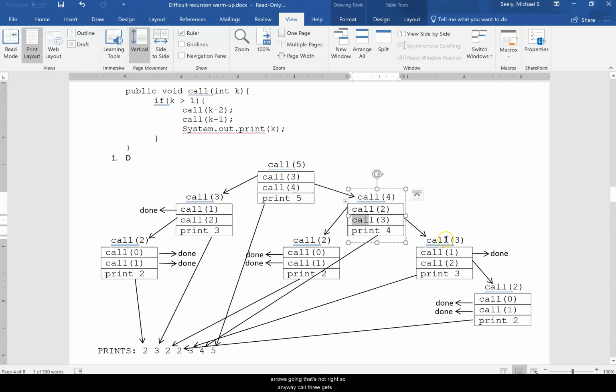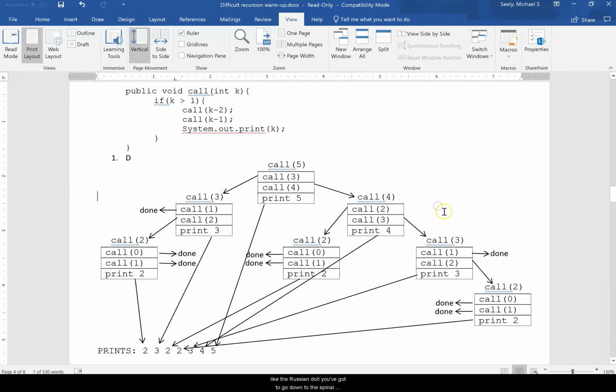Call 3 minus 2 is 1, so that gets done. 3 minus 1 is 2, so that gets done over here. Then we've got call 2, which 2 minus 2 is 0, then 2 minus 1 is 1, so those both get done. And then we have print 2, and then we start popping back up this stack. So you've got print 3, print 4, and then finally print 5.